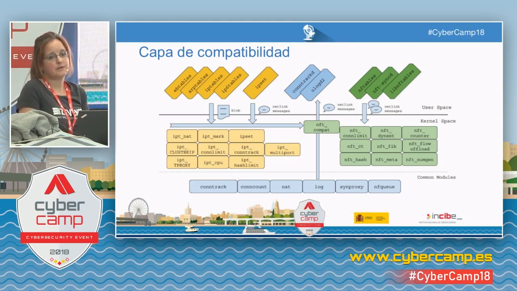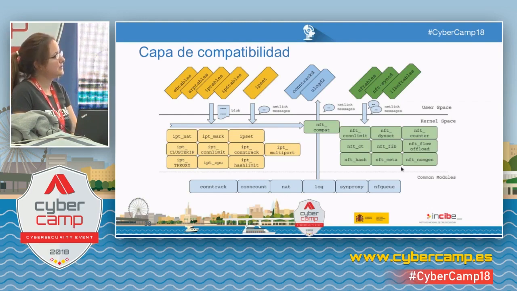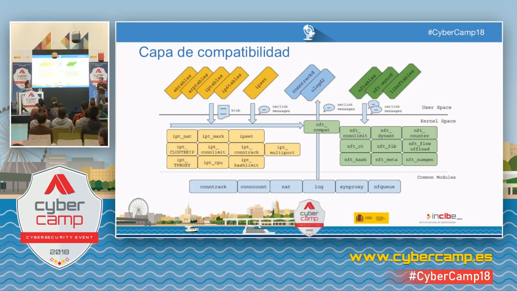Many of the most important distributions are already using this compatibility layer, so you're probably using it even though you don't realize that the NFT infrastructure can work with those commands.